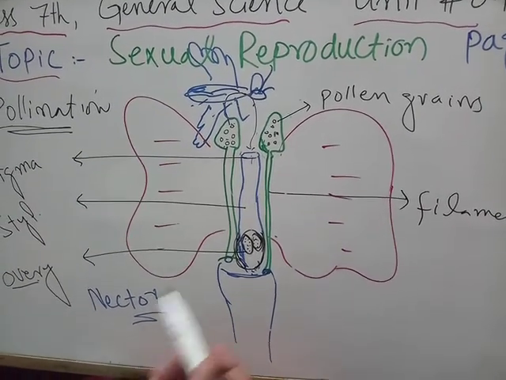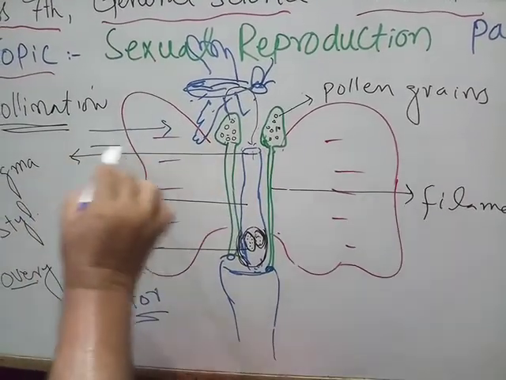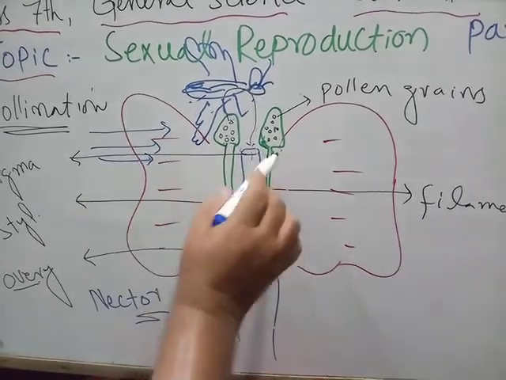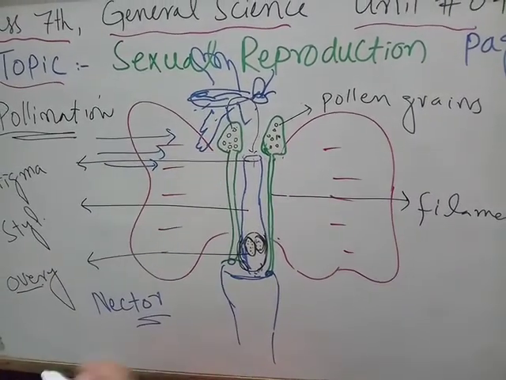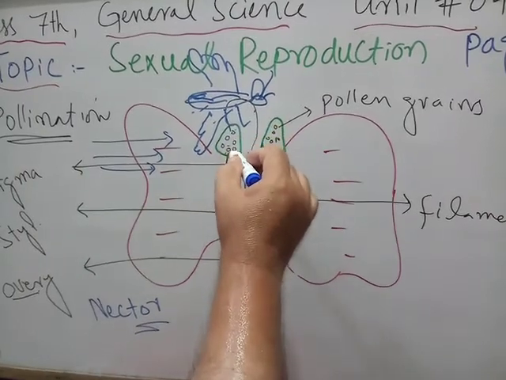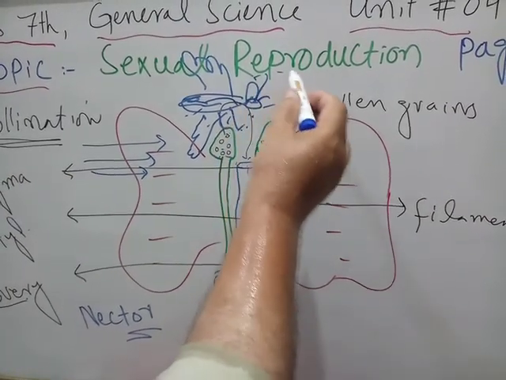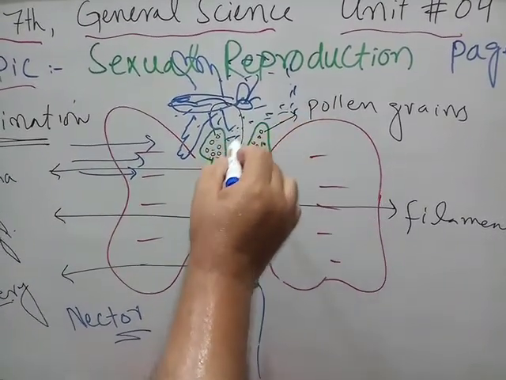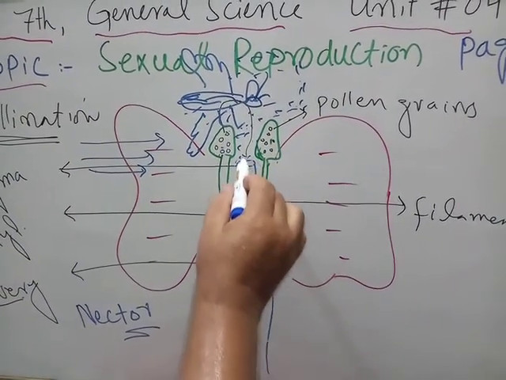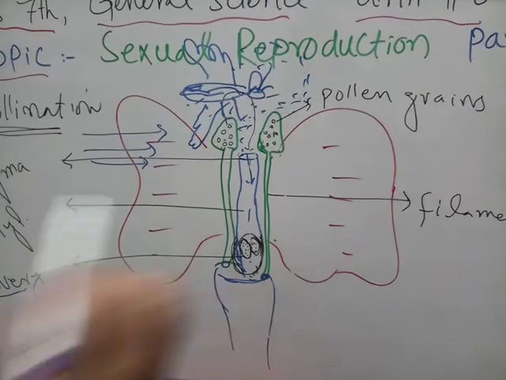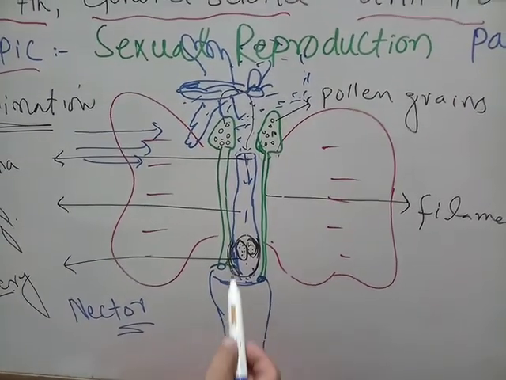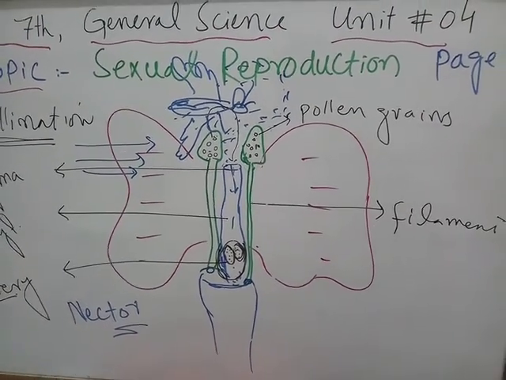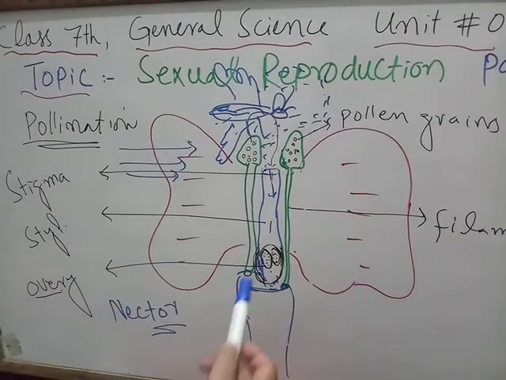So when the wind blows, the pollen grains are blown into the air, and they are tiny and great in number. So one or more of the pollen grains reach here, come to the ovary, reach the egg cell and fertilize it.